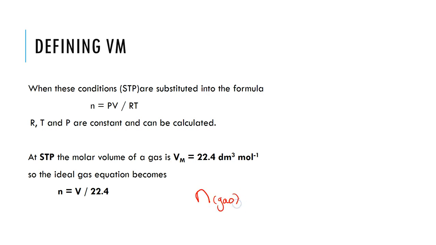These only work for a gas. It doesn't work for anything else. It is equal to the volume of the gas divided by the molar volume of the gas. And remember that this is when the gas is at STP.